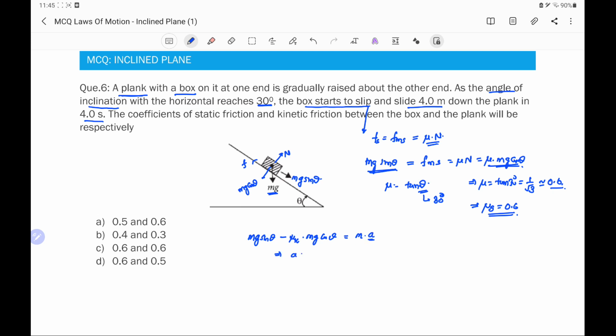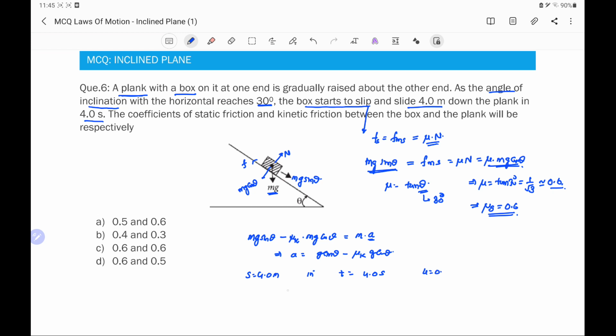So the acceleration of the block will be g sin theta minus mu k g cos theta, and it is given that the block slides 4.0 meters in time equal to 4.0 seconds, and initially the body was at rest, so u equal to 0.